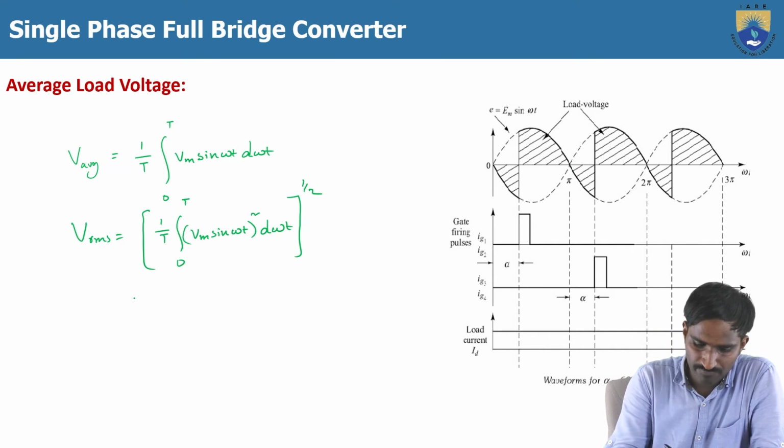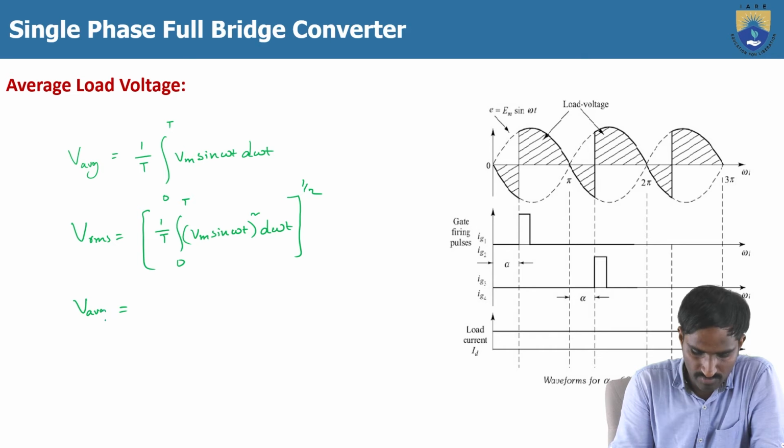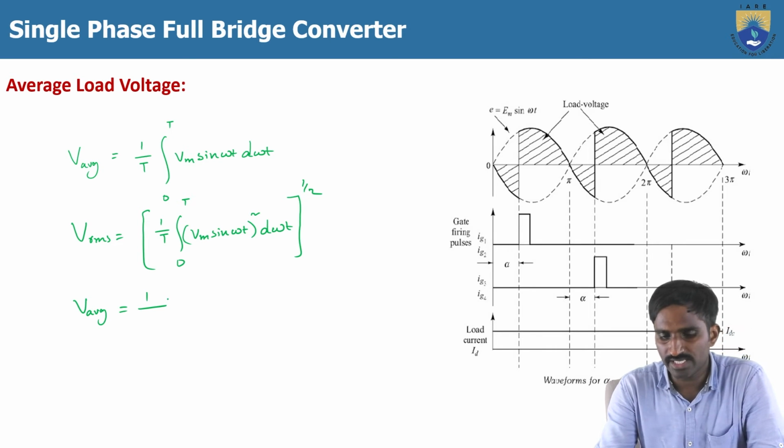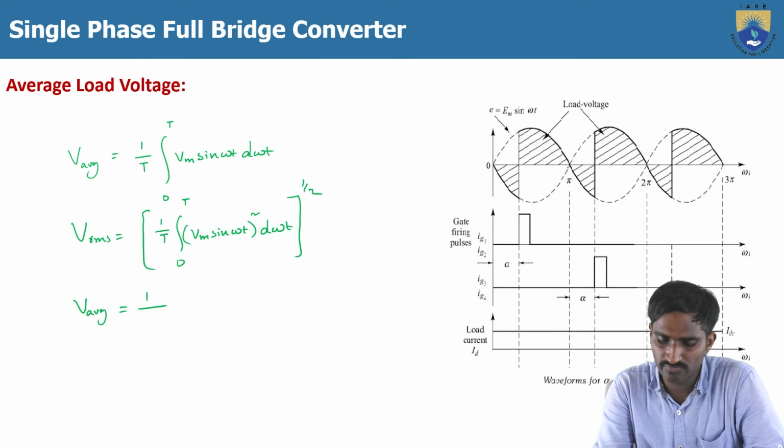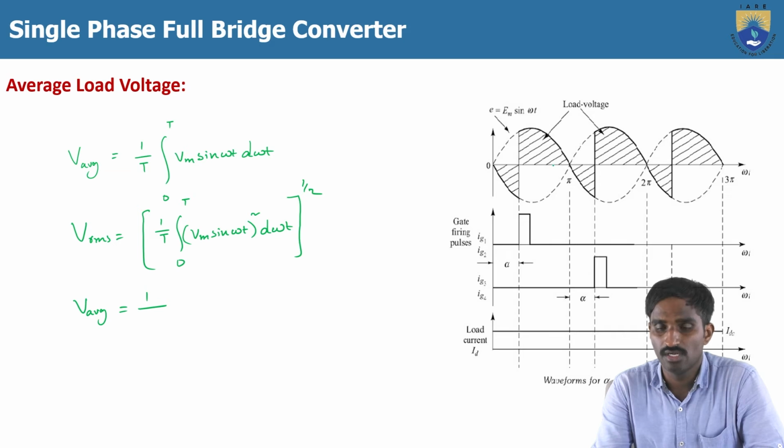Then when coming to the first, V average, 1 by, here the time period we can consider as pi, because from 0 to pi the shape of the waveform is similar to the shape of the waveform from pi to 2 pi and 2 pi to 3 pi, which means for every pi degrees the shape of the waveform is same and repeating.